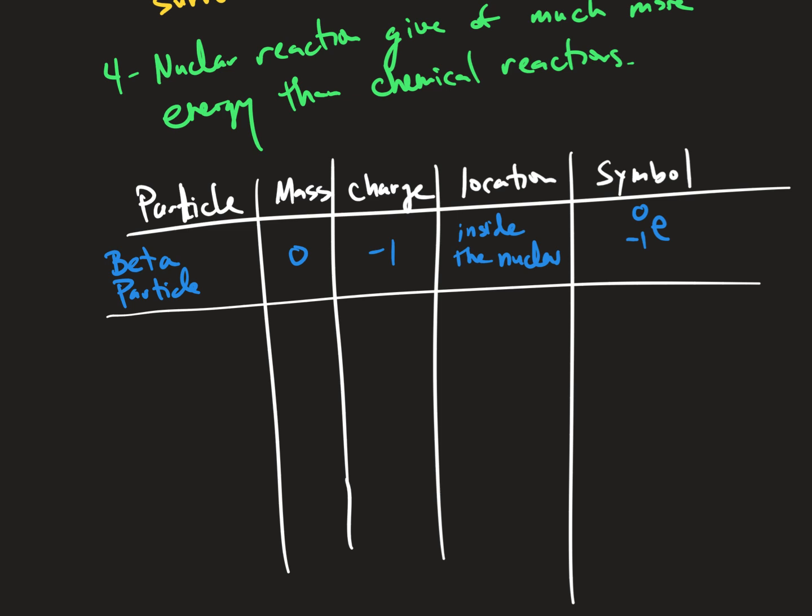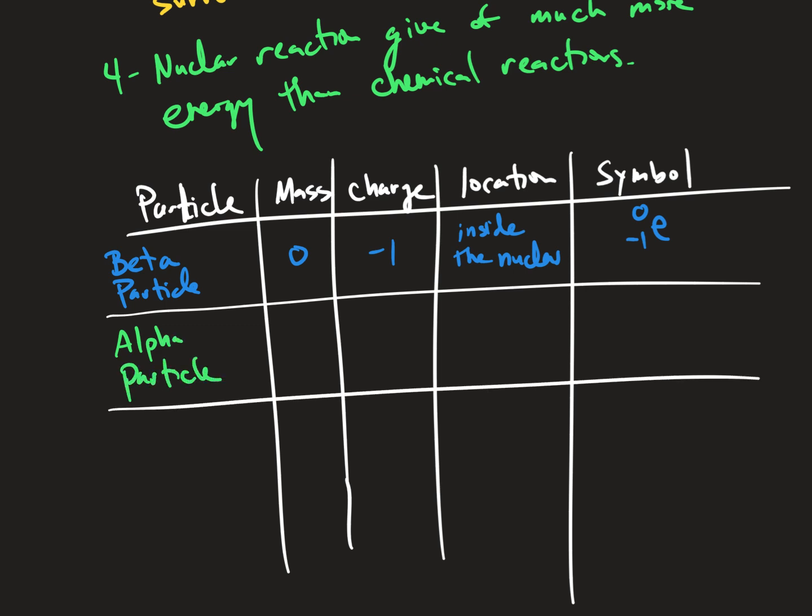Okay? So next, let's do alpha particle. Alpha particle has a mass of 4, a charge of positive 2, and it also comes from the nucleus.